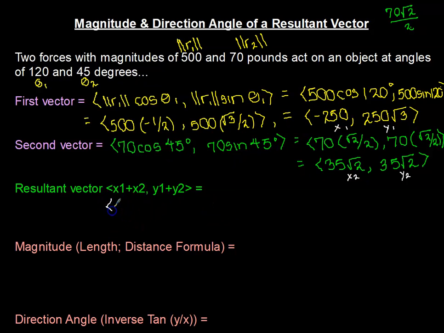So I'm going to take -250 plus 35 square root of 2. And for the two y values, I'll add together 250 square root of 3 plus 35 square root of 2.